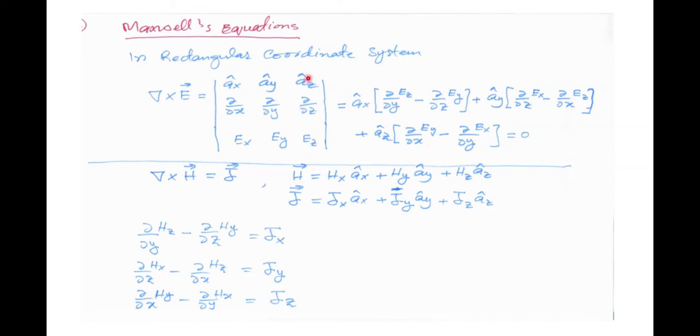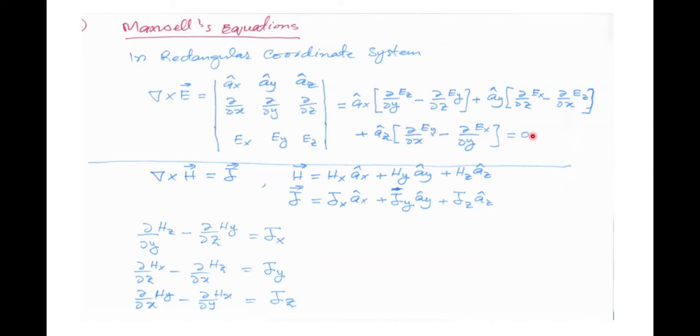Then, in order to define the z component, ignore the third column and first row, and then multiply partial by partial x with the Ey component of the electric field minus partial by partial y with the Ex component, which defines the z component.